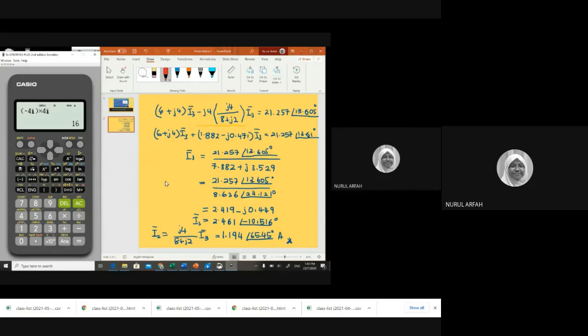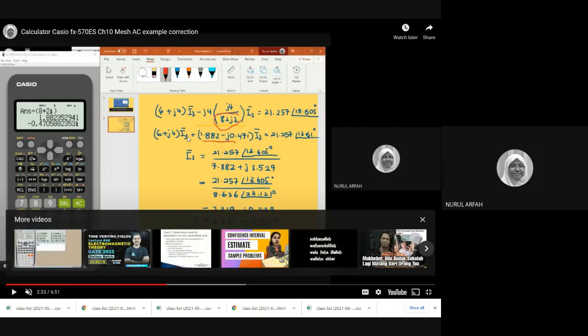Which one is this? I'm also dizzy. Oh, that one. But I think the video is lagging a bit because I overlapped two videos. This part, I make it as an answer and then divide by 8 plus 2i. And then I get the answer for this, 1.882.